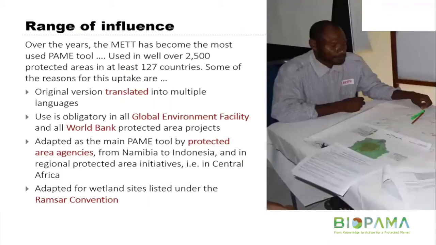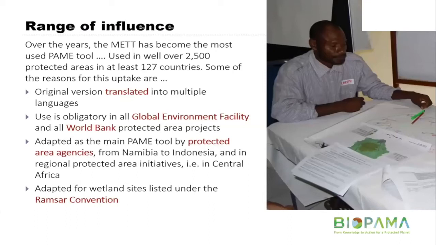It has become the most used tool in the world. Records say that it's been applied in 2,500 protected areas in at least 127 countries. That's because it's been translated into multiple languages. Because of this requirement of the GEF, it was translated into other languages besides English.